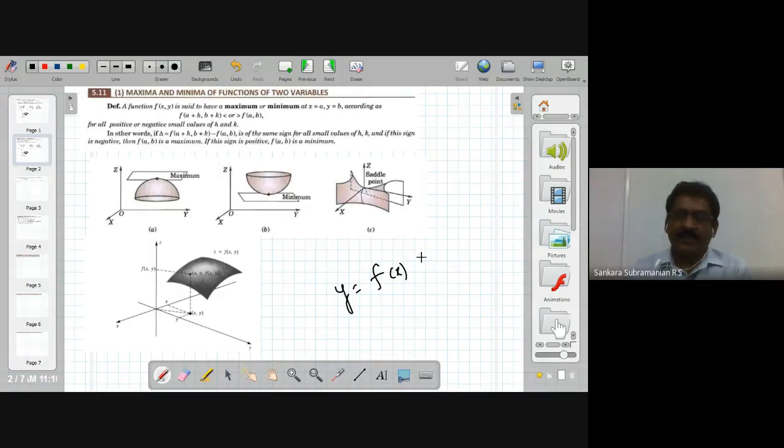In the second unit, we are now going to see the maxima and minima for functions with two variables, f of x comma y.